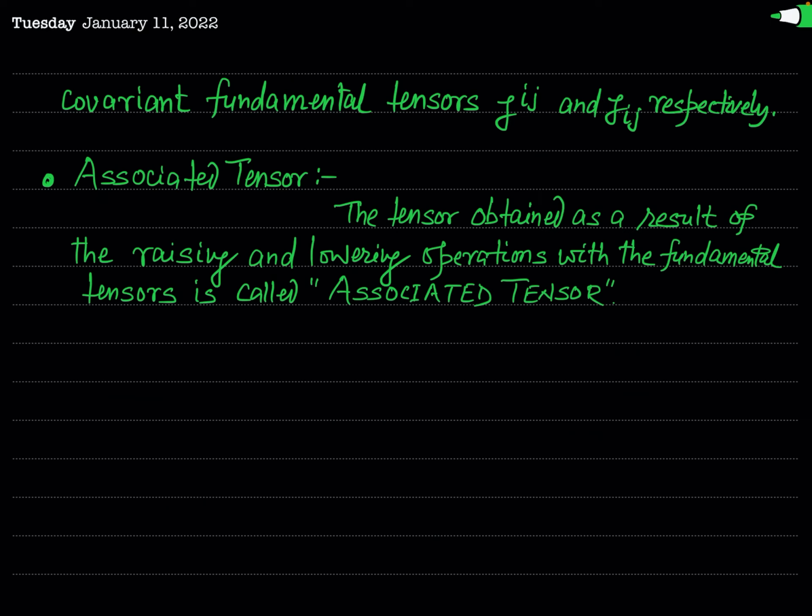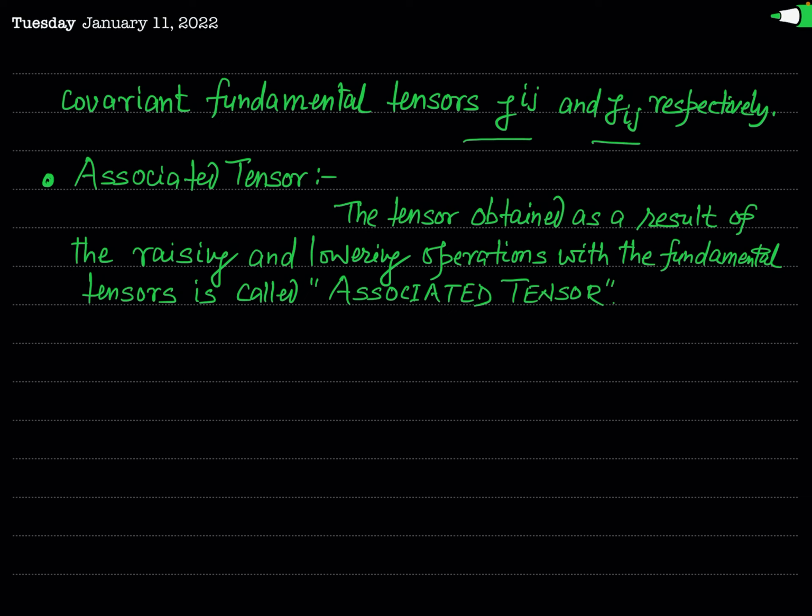As I have told you earlier, after these operations of raising and lowering of indices, that is, by taking the inner multiplication of the given tensor with the fundamental tensors G super Ij and G sub Ij, we get a new tensor, and that new tensor is called the associated tensor.